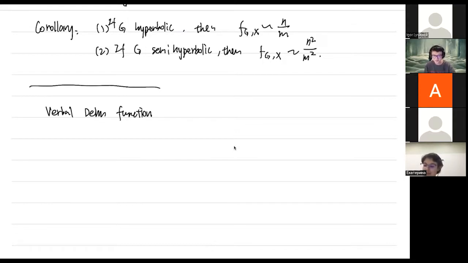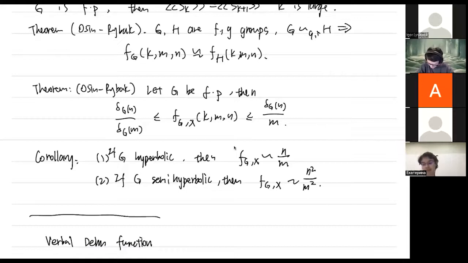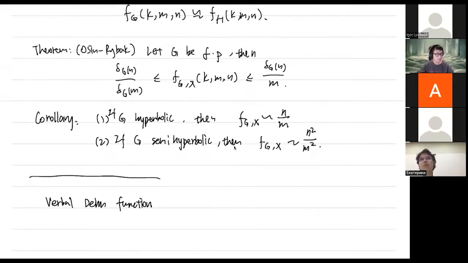Excuse me, just one quick question for this previous corollary. For example, consider metabelian groups, which are usually infinitely presented, right? Can somebody compute this multivariate Dehn function for them?